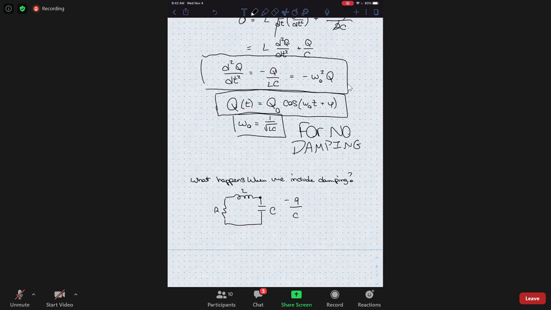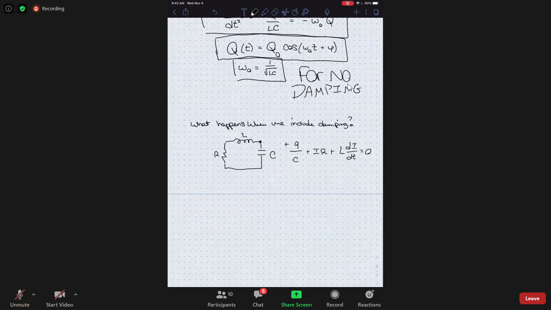That's the voltage drop across the capacitor. And then I have minus IR across the resistor. And then I have minus L dI over dt. And this is all equal to 0. Since they're all minus signs, I can just drop the minus sign. Essentially, I moved it over to the other side. And now I have an expression that I can work with.